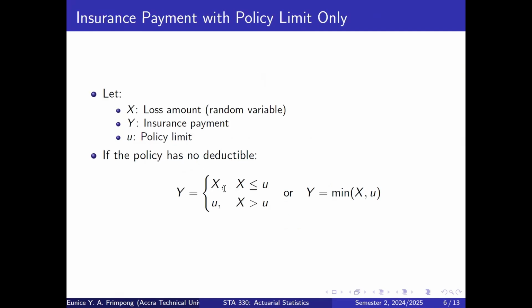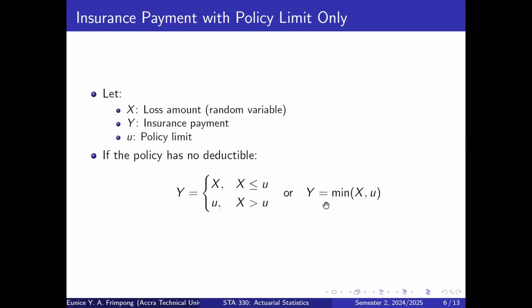Now we express the insurance payment mathematically. So under policy limits, once again, we have X being the loss amount, Y is the insurance payment, and U is the policy limit. If the policy has no deductible, then we say that Y, the insurance payment, is equal to X, which is the loss, if the loss is less than or equal to the policy limit U, or Y is equal to the policy limit if the loss is more than the policy limit.